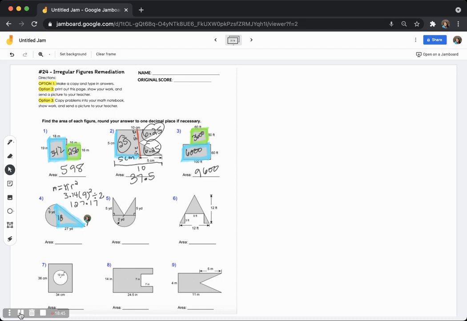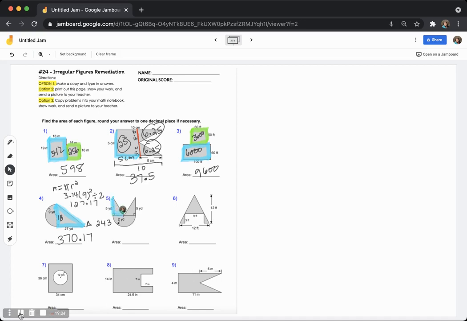And for the triangle, I'm going to get an area of 243. And then I'm going to add those 2 together to get the total area. And that's going to give me 370.17.